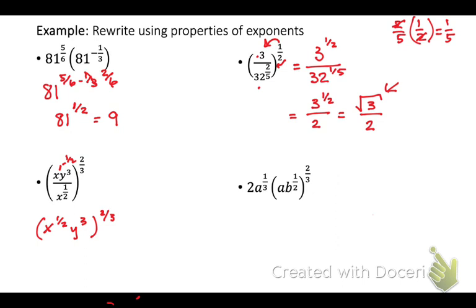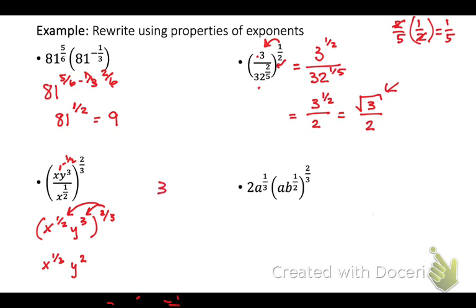So now I multiply those exponents, right? So 1/2 times 2/3 is 1/3. And then I have y to the 3 times 2/3, so it'll be y to the second, because the 3's would reduce.